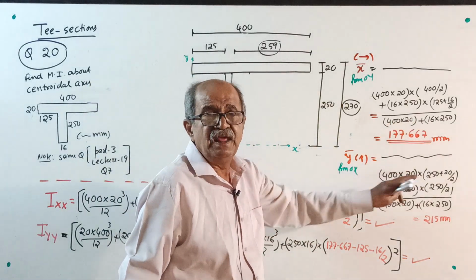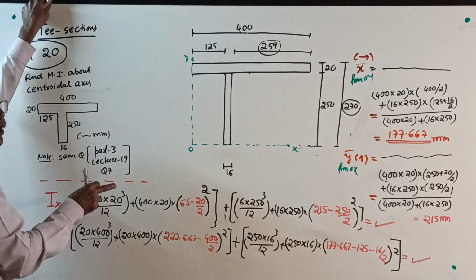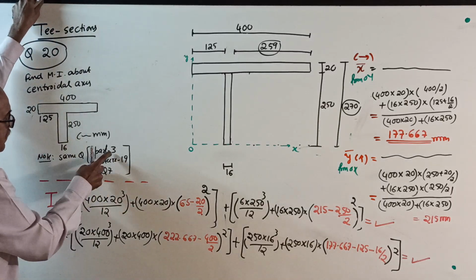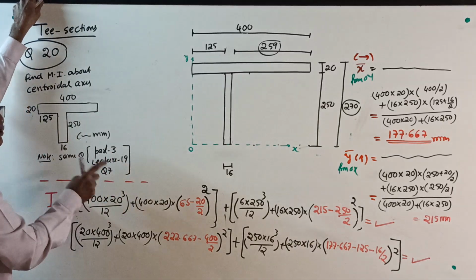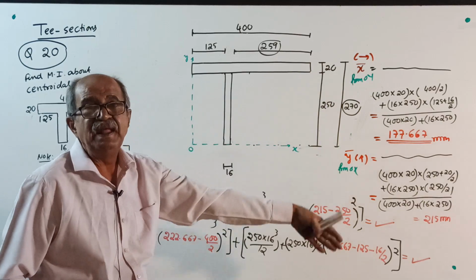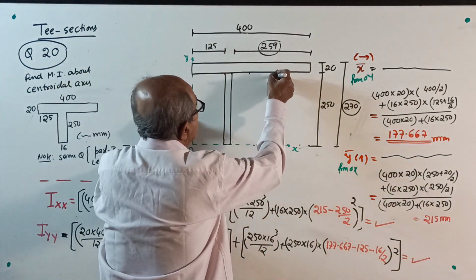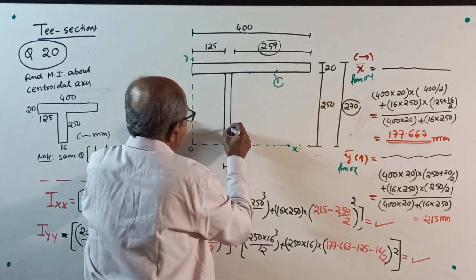Suppose you got difficulty, do one thing. This question is the same question of locating centroid, part 3, lecture 19, question 7. I mentioned it, so actually I don't have to explain anything. Still, divide into parts. I will take this as part number 1, this as part number 2.